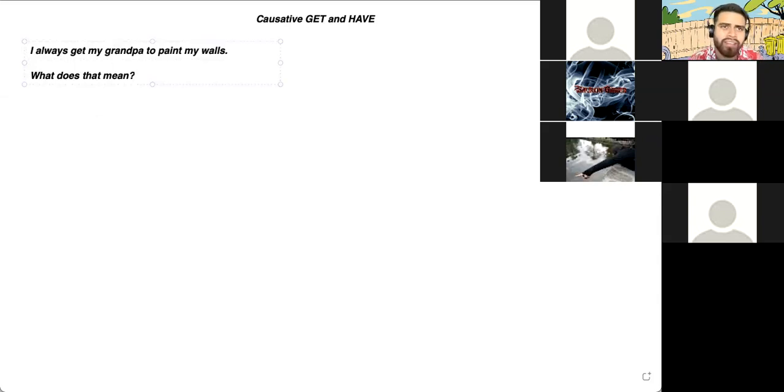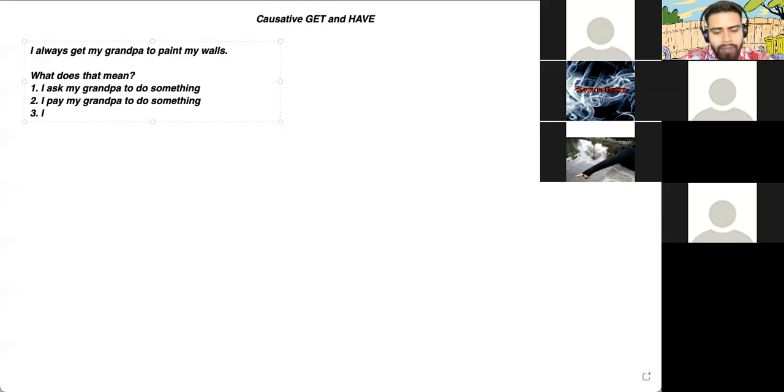Because if you think about it, if you try to translate this to Spanish, it's kind of weird. Yo siempre consigo mi abuelo pintar mis paredes. It's kind of weird, no? Well, there is no direct translation to Spanish.